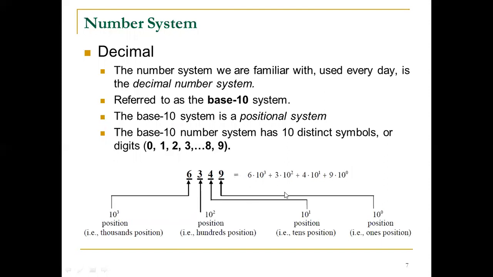This 9 is at the ones position, this 4 is at the tens position, 3 is at the hundreds position, and so on. So here 9 into 10 raised to 0, 4 into 10 raised to 1, 3 into 10 raised to 2, and 6 into 10 raised to 3. In this way we can represent the decimal number.